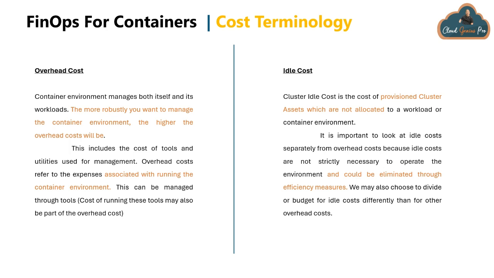Idle cost is just the cost for the resources which are not getting allocated properly or not getting utilized, and you can always reduce or avoid this cost by utilizing best practices or efficiency measures. That is the reason we need to consider idle cost different from the overhead cost.